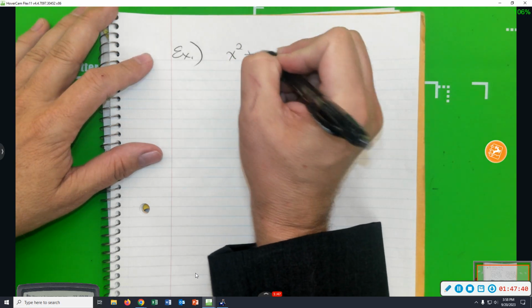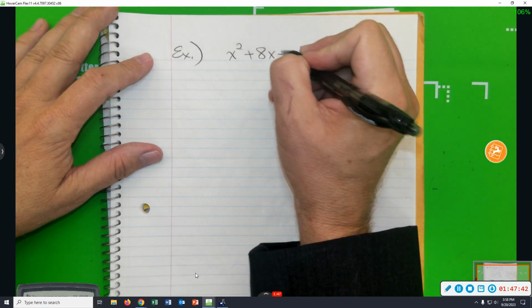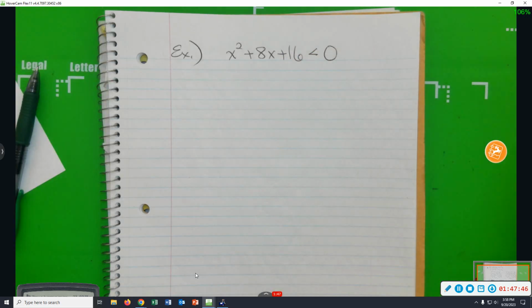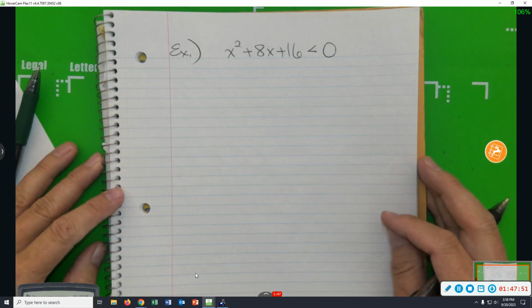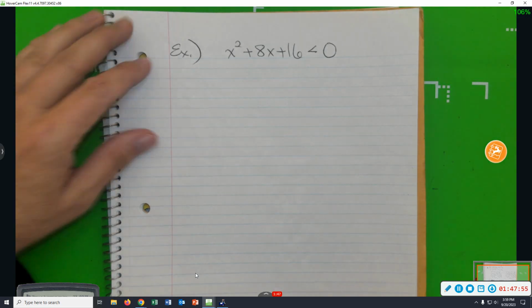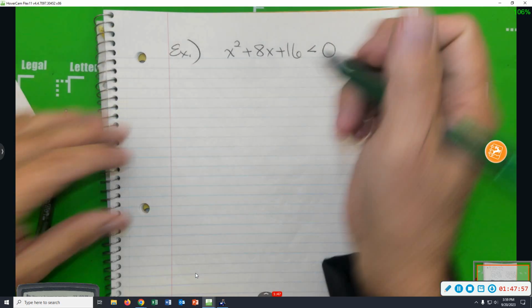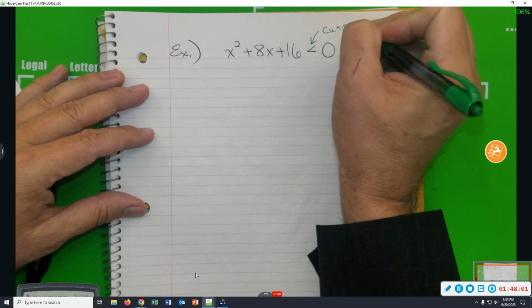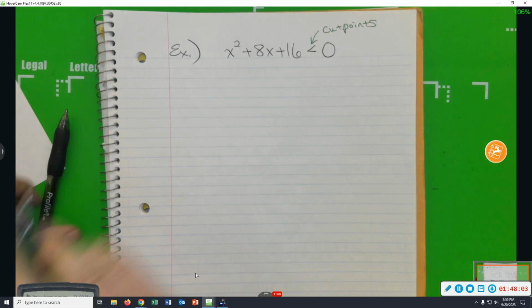How about x squared plus 8x plus 16 is less than 0. Are we going to have any denominator cut points? No. We know that we're going to use cut points to solve this because I see that inequality.